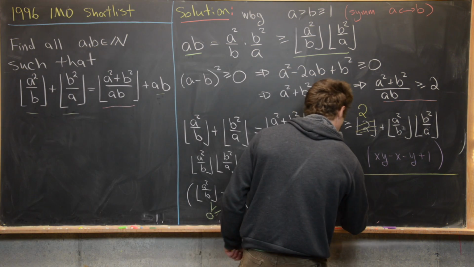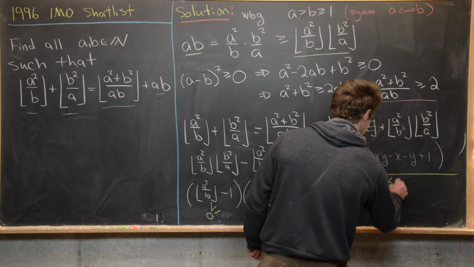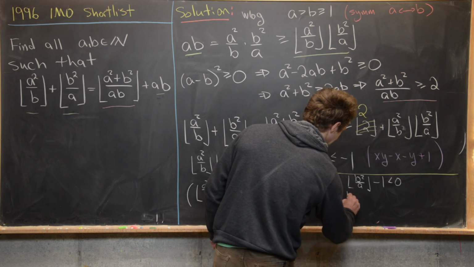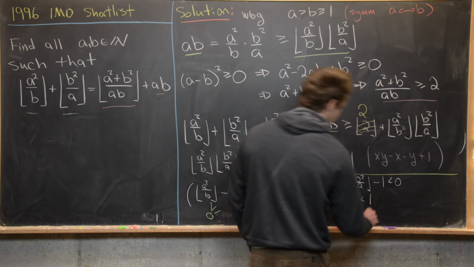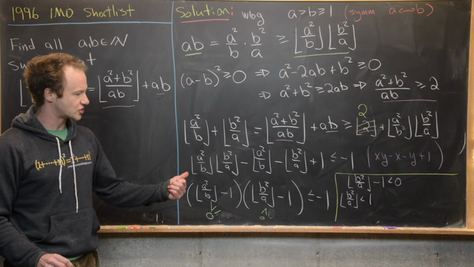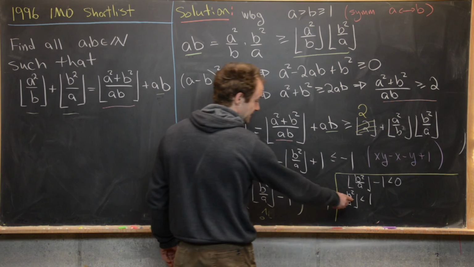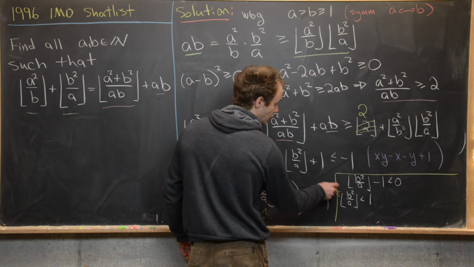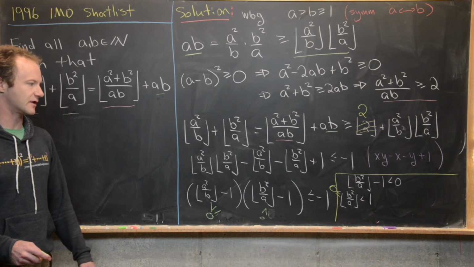So we've got the floor of b squared over a minus 1 is less than 0. But that tells us that the floor of b squared over a is going to be less than 1. Okay, but if the floor function is giving you something that's less than 1, and I should point out that this is the quotient of two natural numbers in there, so that's also bigger than or equal to 0.